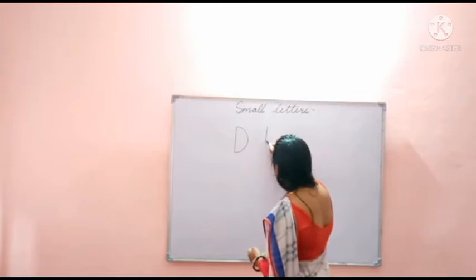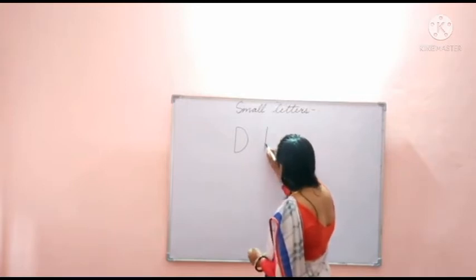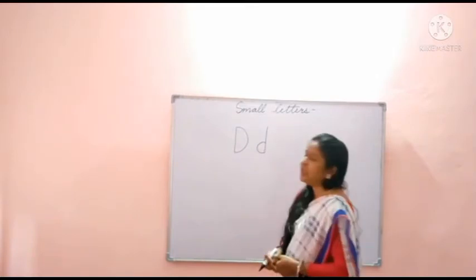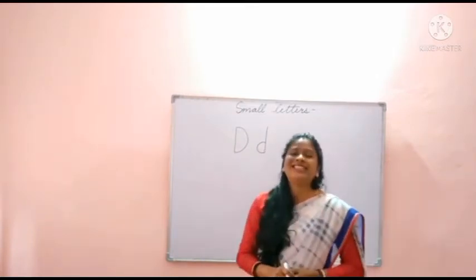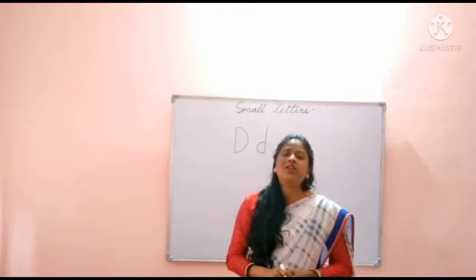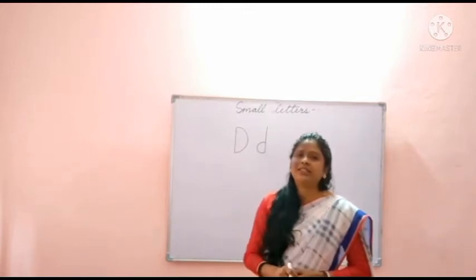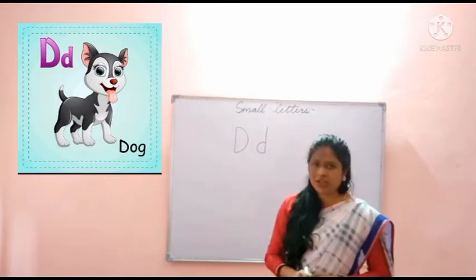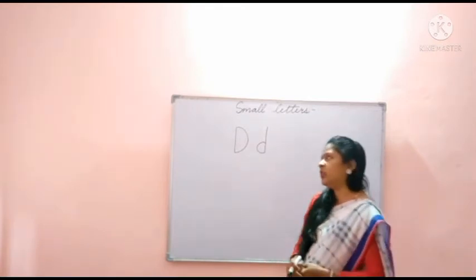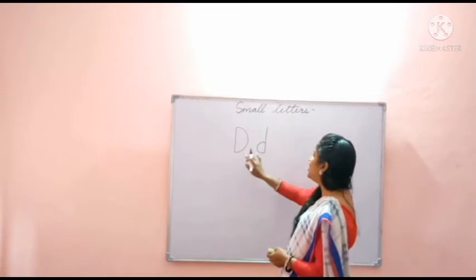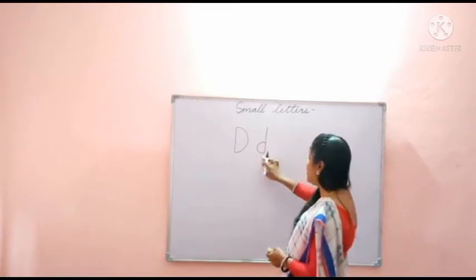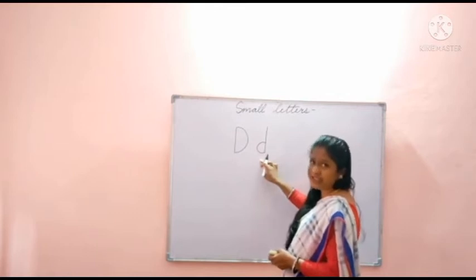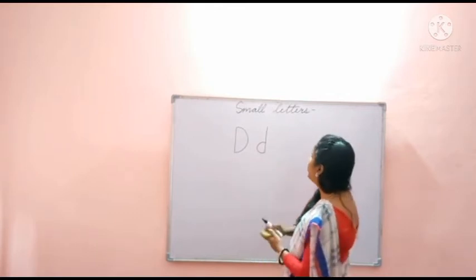You have to make a standing line, and joining the standing line a small curve at the end makes small letter D. D for doll or D for dog. So this is capital D and this is small d. Easy? Okay.